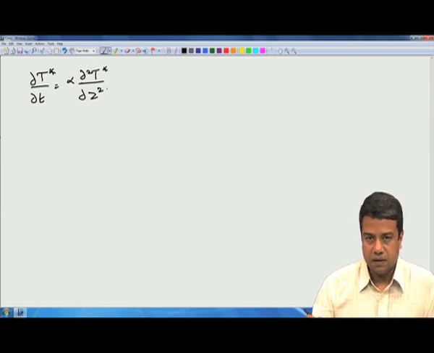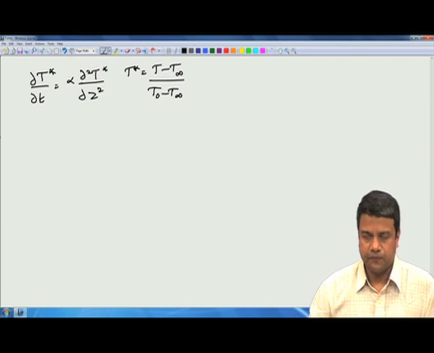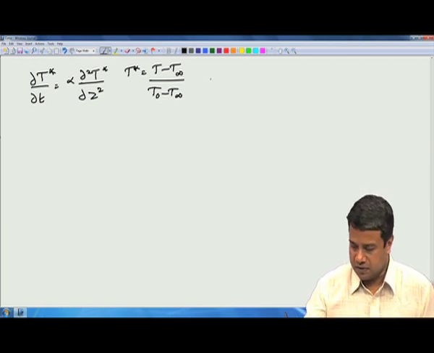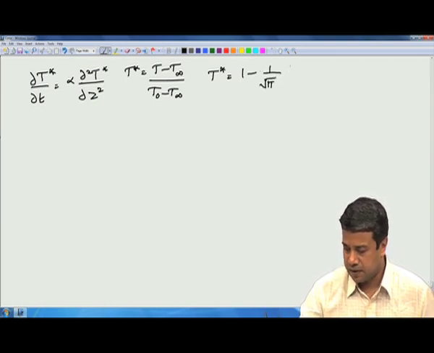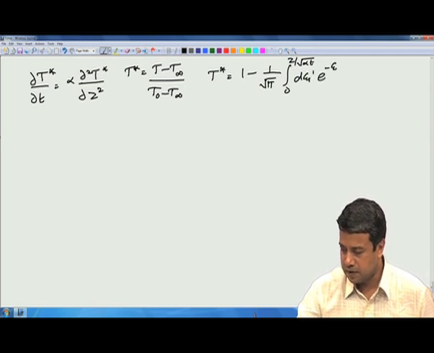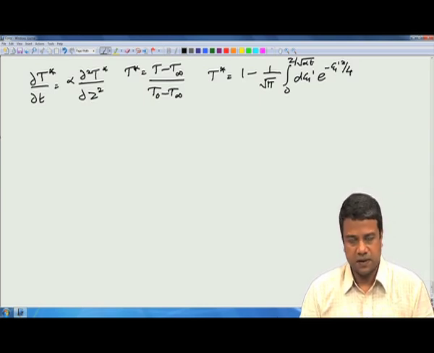This equation where t star is equal to t minus t infinity by t naught minus t infinity. And the solution was t star is equal to 1 minus 1 by root pi, integral 0 to z by root alpha t d psi prime e power minus psi prime square by 4. That was the solution.